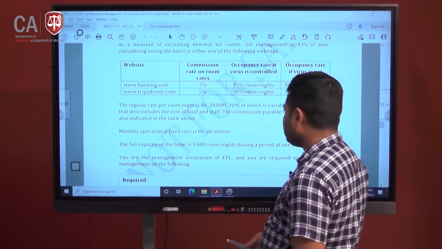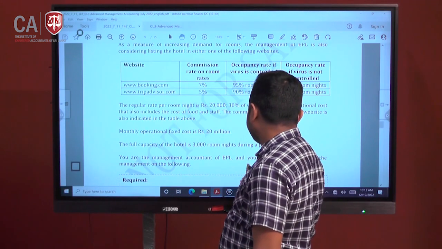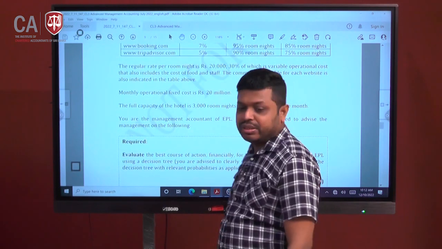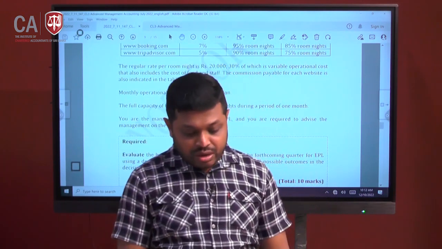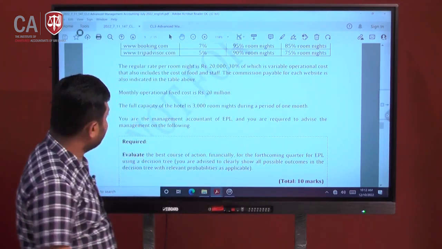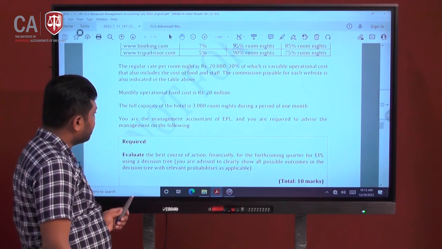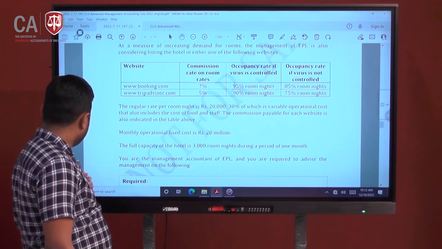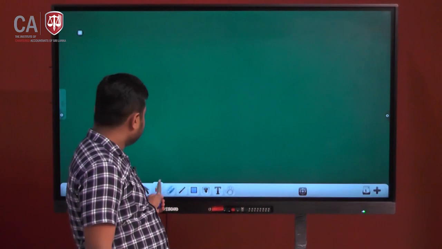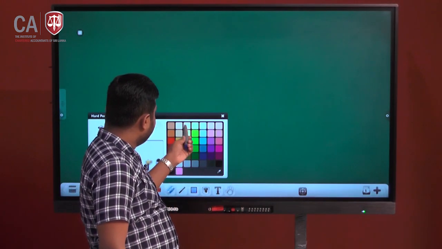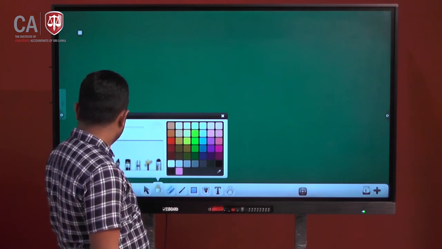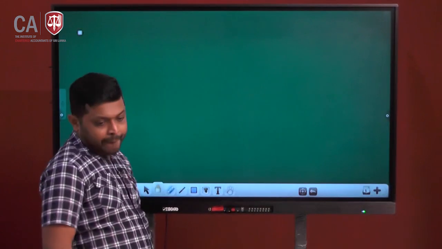You are the management accountant of EPL and you are required to advise management on the following. That means you have to construct a decision tree. Now we are going to construct a decision tree. Remember, when you construct a decision tree, it always starts with a decision node.